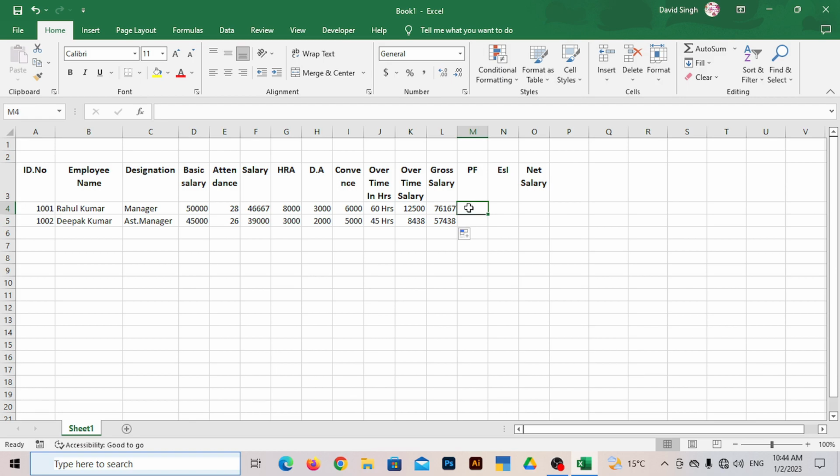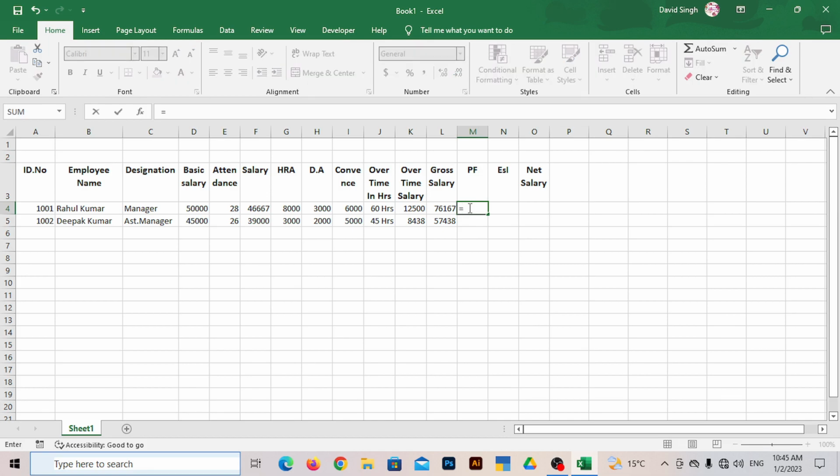From PF, 12% is deducted from your salary, from your basic salary, and it will be refunded when you retire from your company. You will get the bulk amount of the 12% deductions after retirement.